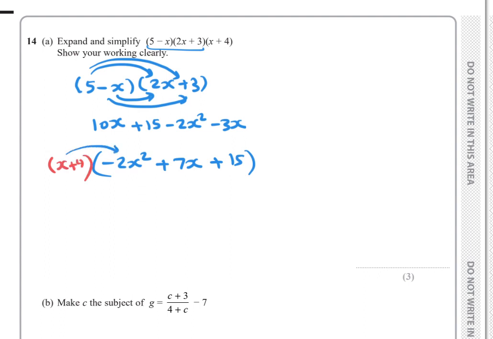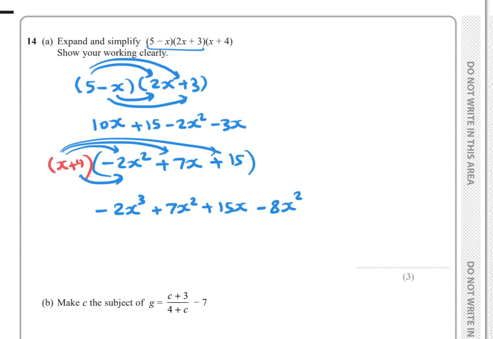So x times negative 2x squared is negative 2x to the power 3, and x times 7x is 7x squared, and x times 15 is 15x. Then 4 times negative 2x squared is negative 8x squared, 4 times 7x is 28x, and 4 times 15 equals 60.